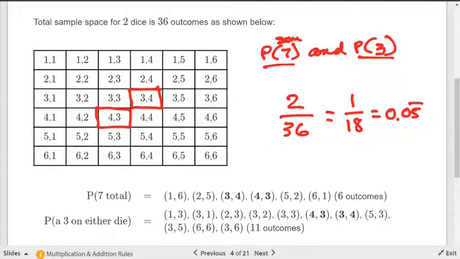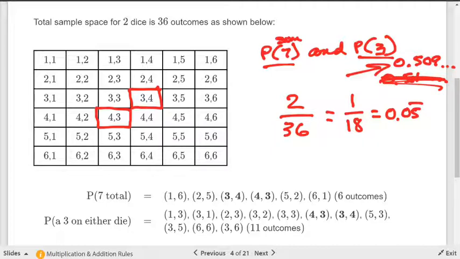What did I get before? 0.0509, and then a bunch of others. Okay, so 0.05. Who cares?